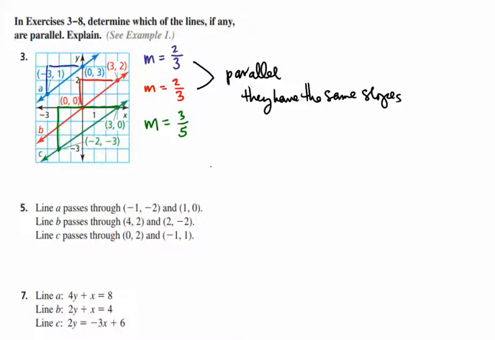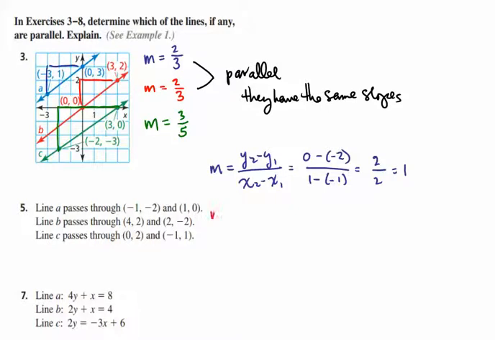A, so we would have y2 minus y1 over x2 minus x1, and that would give us 0 minus negative 2 over 1 minus negative 1, and so we have 2 over 2, or a slope of 1.